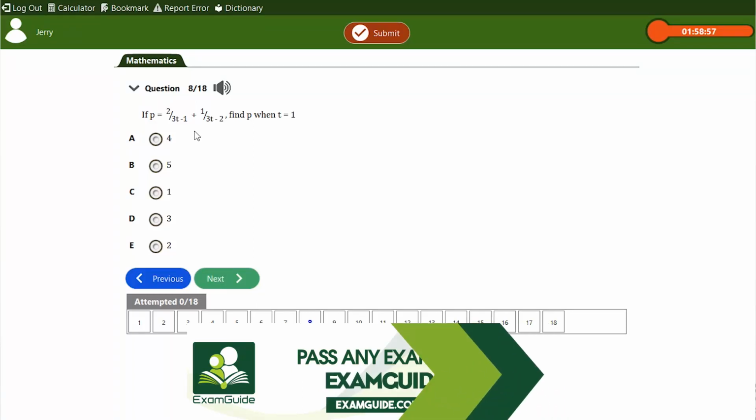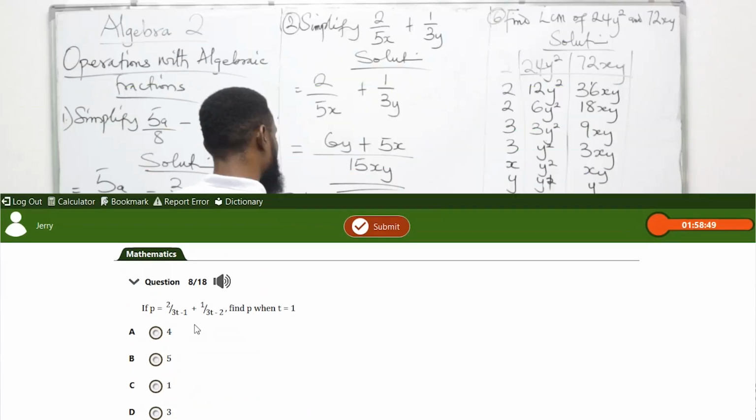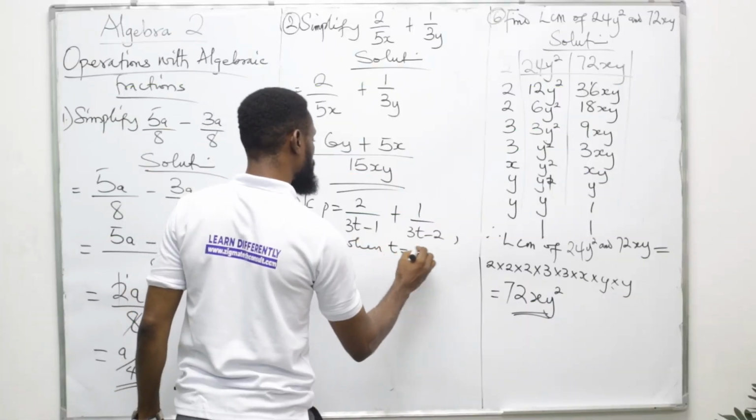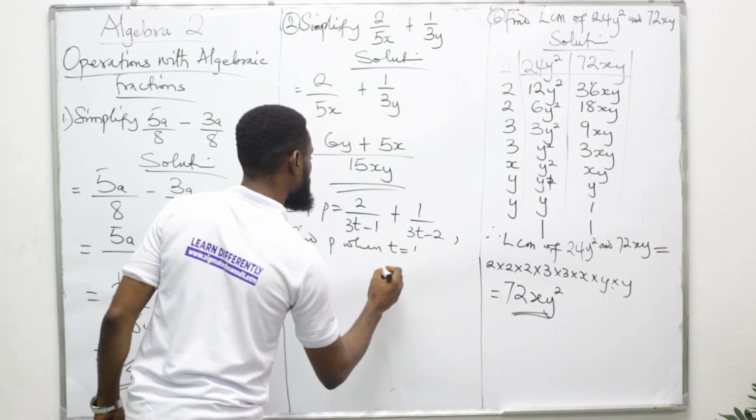Okay, they say find P when t is equal to 1. So they say find what? Find P when t is equal to what? 1. So let's look at this.